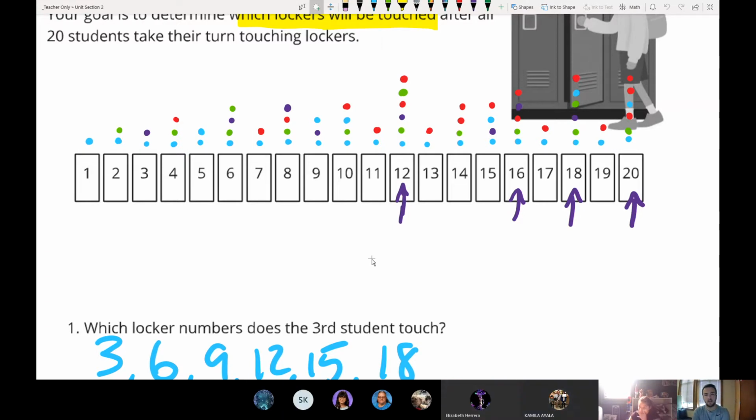What's something else that you girls notice about 12, 16, 18, 20? Maybe about how big they are, even, odd. What are you thinking? Is there anything that stands out? Camila, you have another idea?